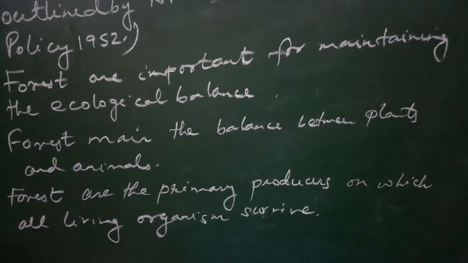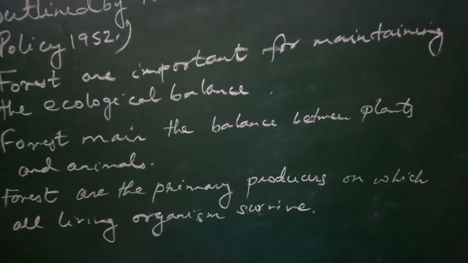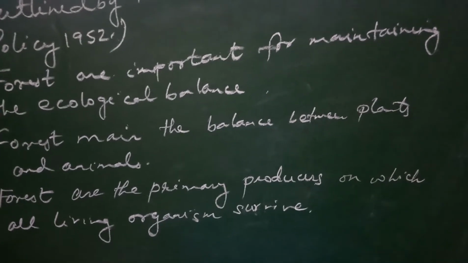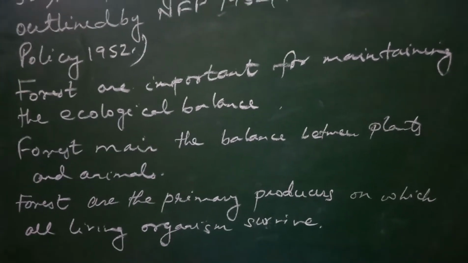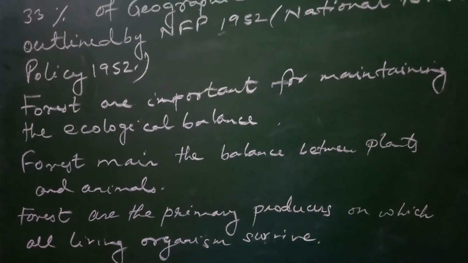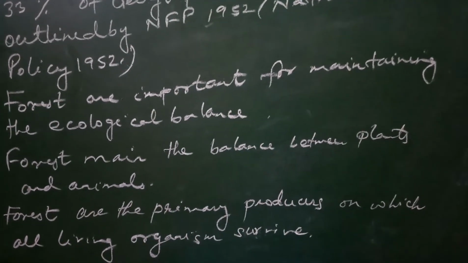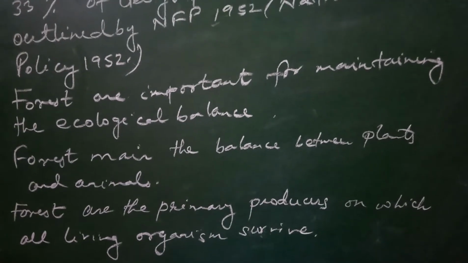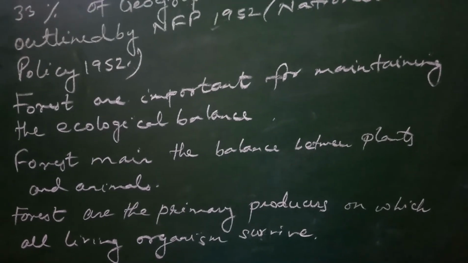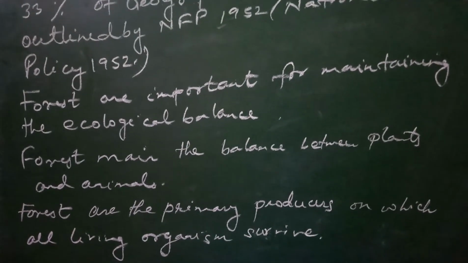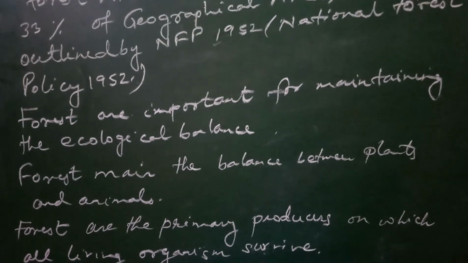At the same time, forests are the primary producers, because all the other living organisms survive on forest. So forest protection must be there. 33% of the area must be given to the forest. As we have already discussed, in our country it's less than 33%. At present 23% of the total geographical area belongs to forest, which is less than 33% as mentioned by the National Forest Policy 1952.